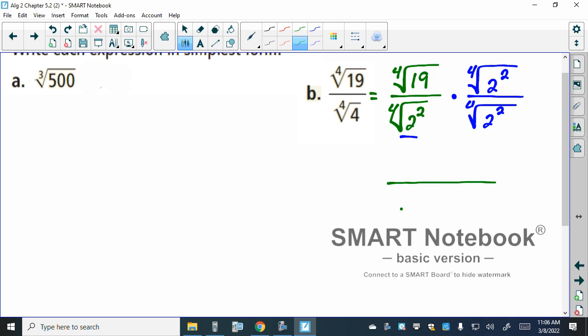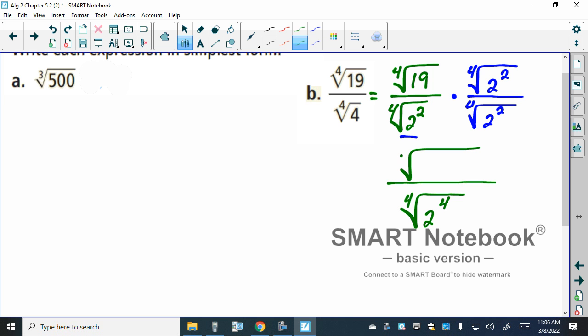Now for the denominator, we could go on and do like we did on the last one and say this is the fourth root of 2 squared times 2 squared. Well, 2 squared times 2 squared is just going to be what? 2 to the fourth. That's why we're doing this. That's why we're multiplying it top and bottom by the fourth root of 2 squared.